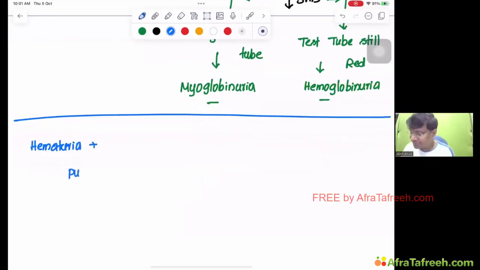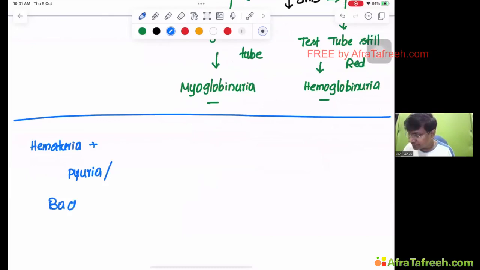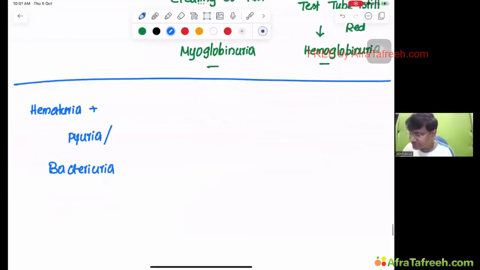Along with that, there is pyuria as well, or either pyuria or bacteriuria. What do you need to consider this as? You need to consider it as urinary tract infection.